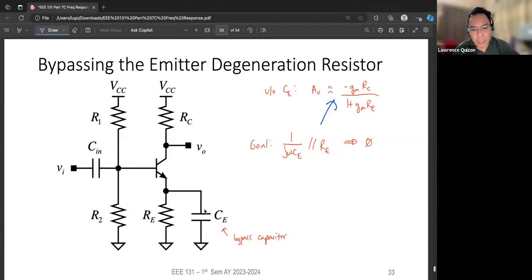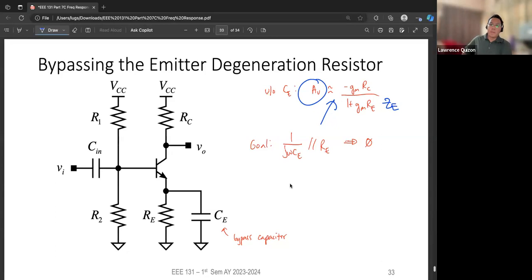And ito will then be replaced with an impedance ZE, no? Which changes our gain, no? But typically we wouldn't want this, just like we didn't want the Cn to lower our gain at some of the low frequencies. So what do we do here?